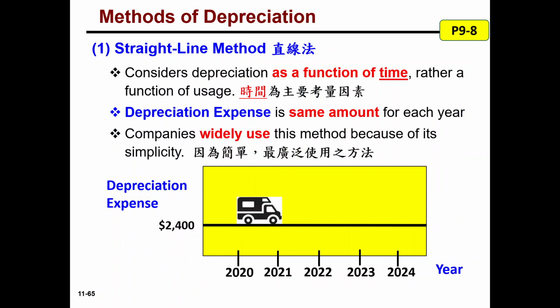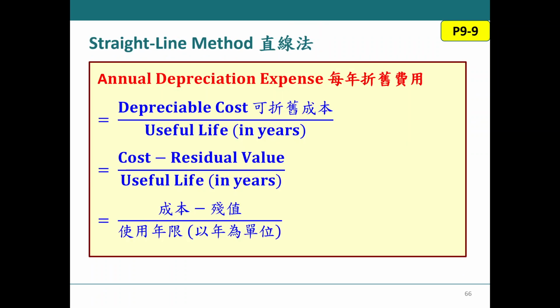So depreciation expense should be the same each year. And we base on the time, right? So how to get your depreciation expense? Using straight line method. Cost minus residual value divided by how many years you are going to use your PP, right? So we will get same amount depreciation expense for each year.